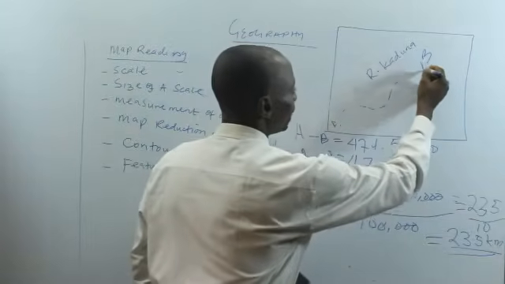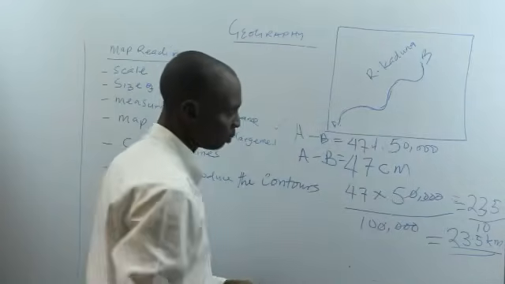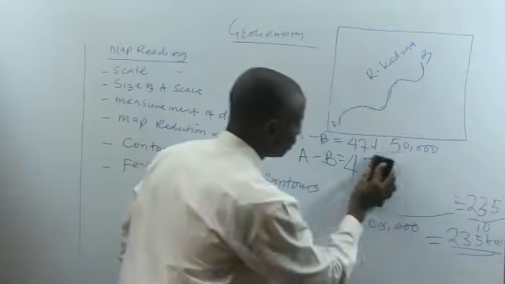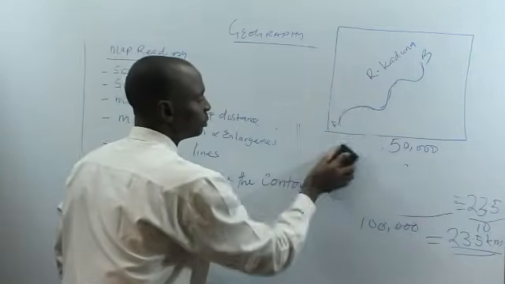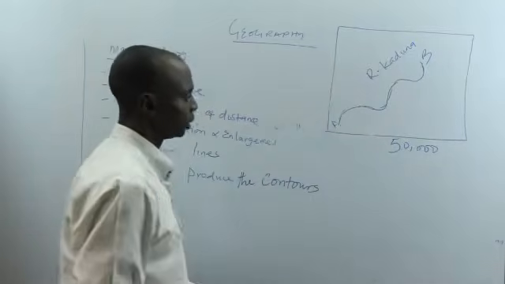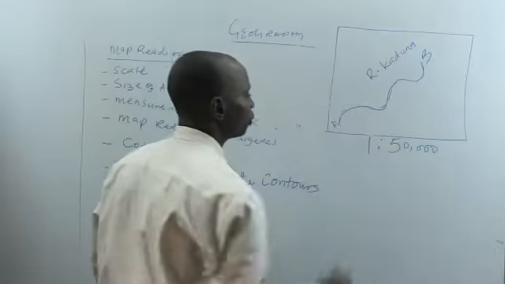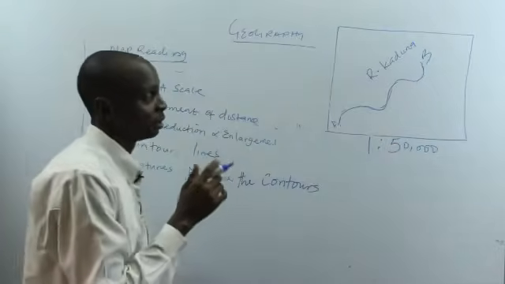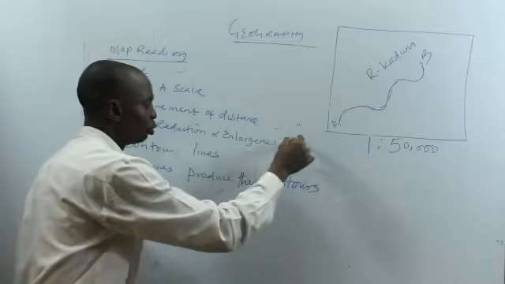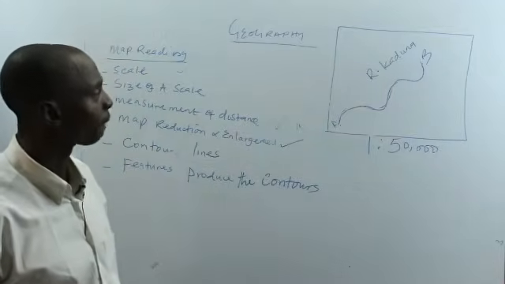Now let me come back here again. This is the map. Can I clean this side? Okay. Now look at it this way. This is River Kaduna, 1:50,000. At times, they will ask, we are taking this to go to map reduction and map enlargement.